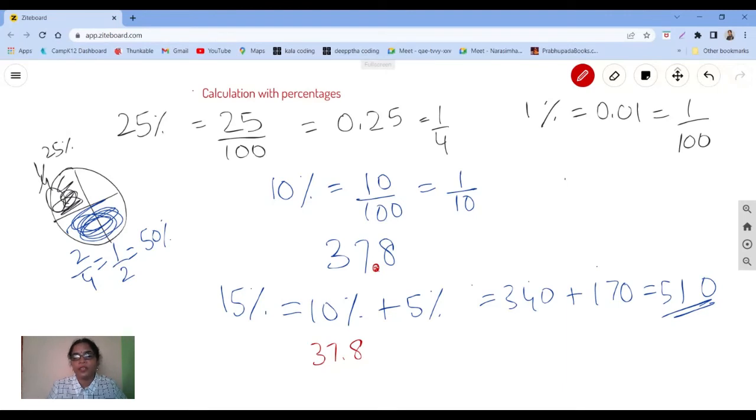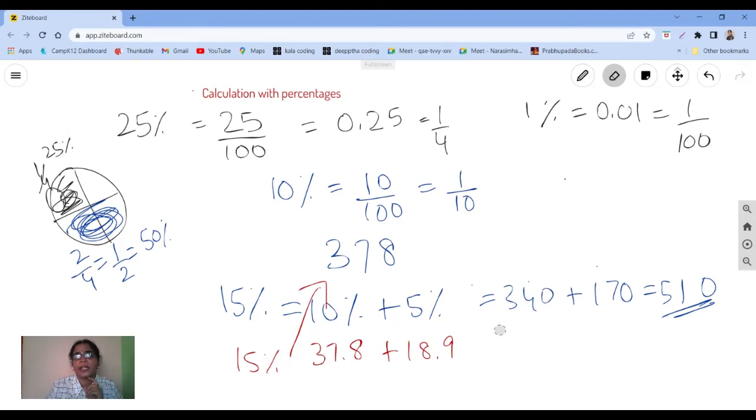So, half of this I will add it. Half of this will be what? 18.9. So if I add these two things, I will easily get what is the 15% of 378, right?